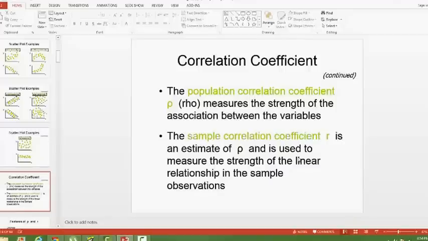If we were using a sample, then it is denoted as rho, and if we are computing the correlation of a population, then we denote it as R. Or did I say it the opposite? Sorry. So the sample correlation is R, and the population correlation is rho. Okay, so it's the opposite. The population correlation is rho, and the sample correlation is R. Okay.